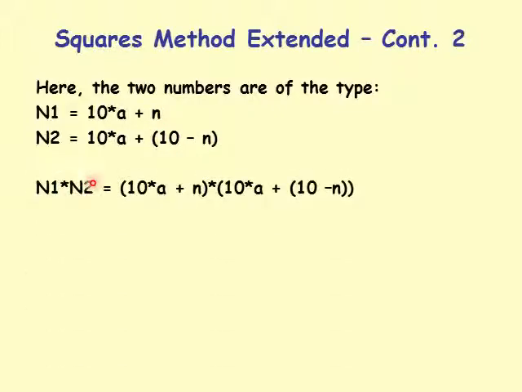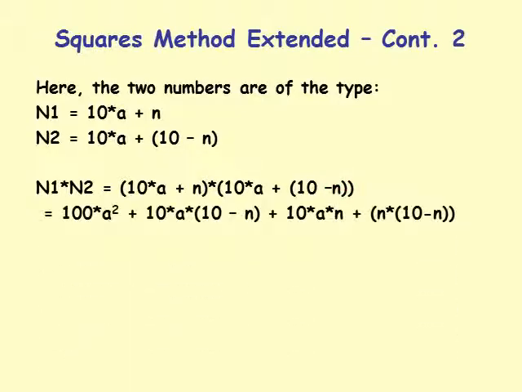Let's continue here. N1 times N2 is the first number, which is 10a plus n, times the second number, which is 10a plus 10 minus n. So we're going to multiply now. I multiply 10a by 10a. I got 100a squared. I'm going to multiply 10a with the 10 minus n.